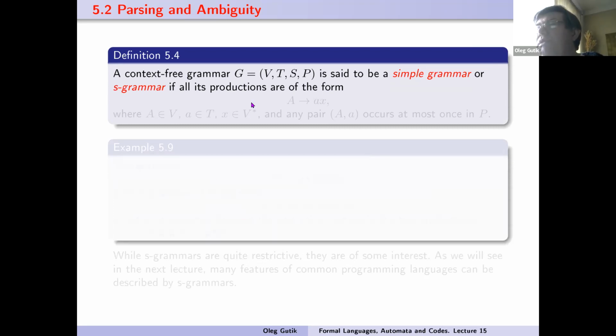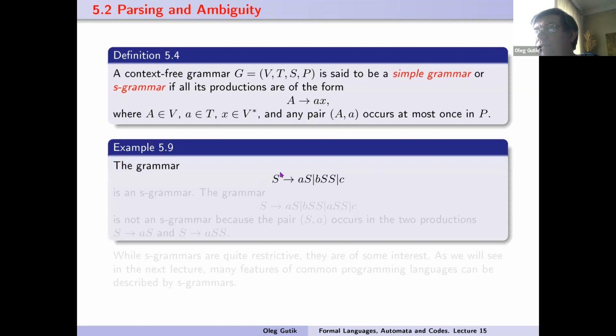A context-free grammar is said to be a simple grammar or an s-grammar if all its productions are of the form A → aX, where A belongs to V, a belongs to T, and X belongs to V star, and any pair (A, a) occurs at most once in the set of productions P. Example: the following grammar S → aS | bS | c is a simple grammar.